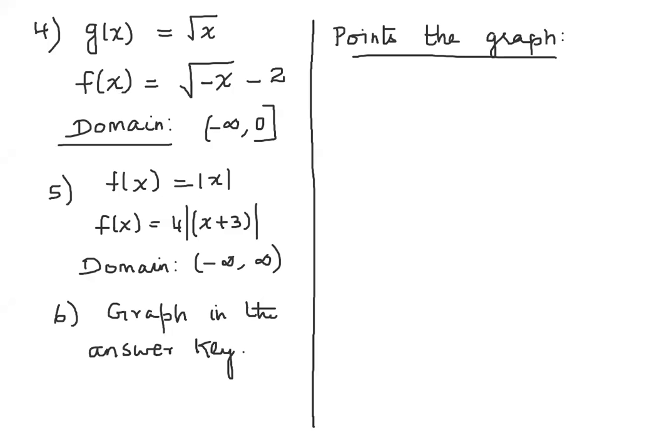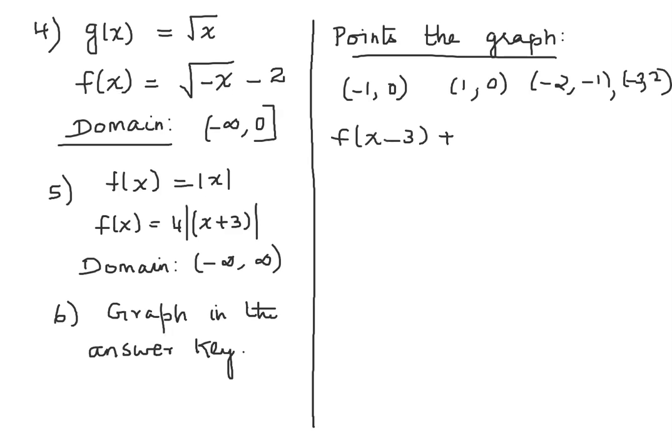I'm just listing all the points: negative 1, comma 0; 1, comma 0; negative 2, negative 1; and negative 3, comma 2. I just picked 4 or 5 points. So I put 4 points. Now I have to graph f of x minus 3 plus 2.